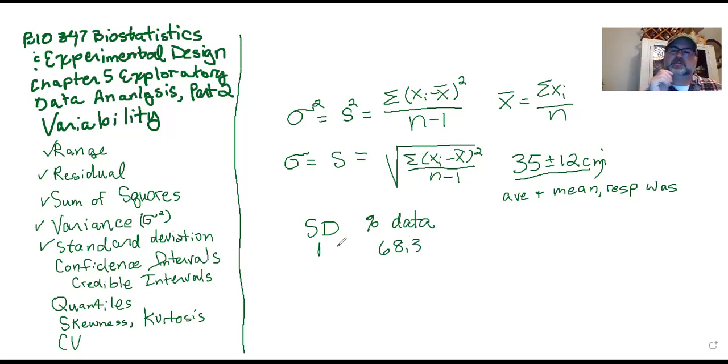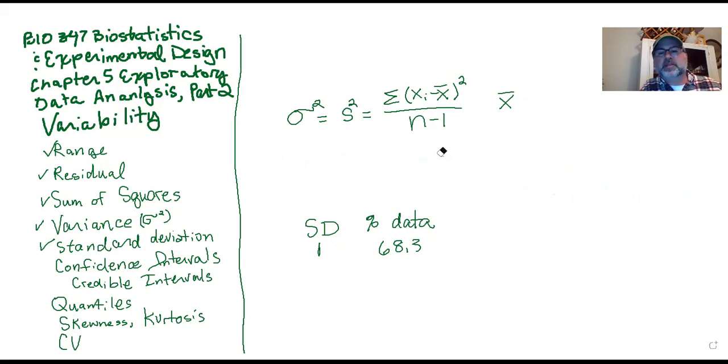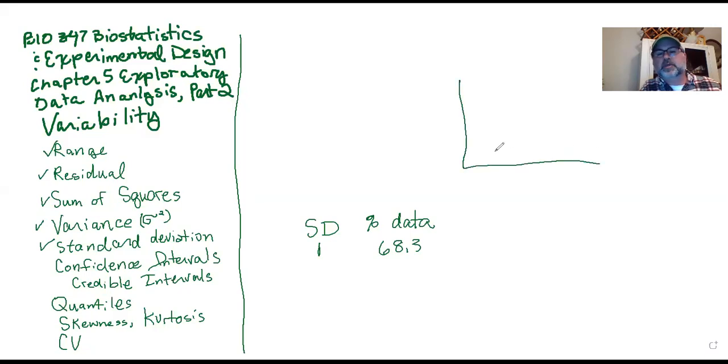First, there's a very special condition, and that condition is that your data are normal, okay? And the reason why that's important is if your data takes on a different shape, right, than a nice normal curve, then this will not hold, okay? So here's a frequency distribution, right, making that as normal as I can, okay?